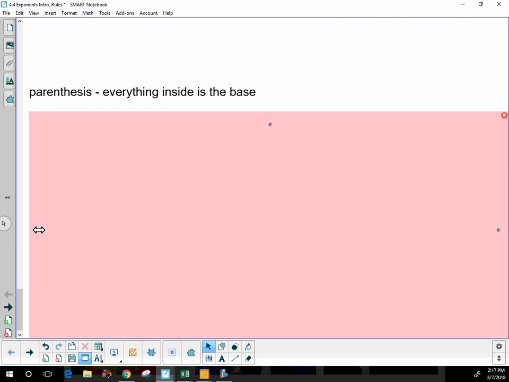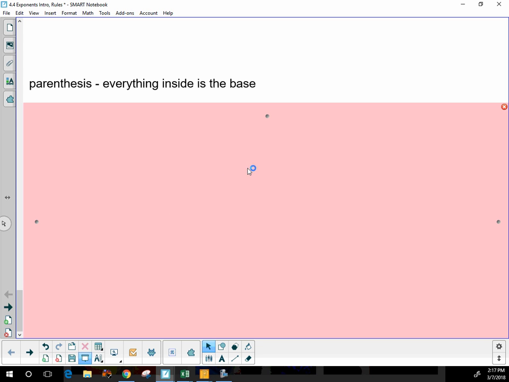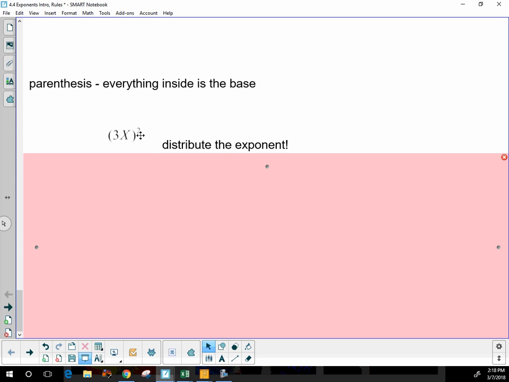Parentheses. Parentheses are a game changer when it comes to exponents. When you have parentheses around a group of numbers, everything inside is the base. Because the exponent touches the parenthesis, it raises everything inside. And so remember when we had 3x squared?